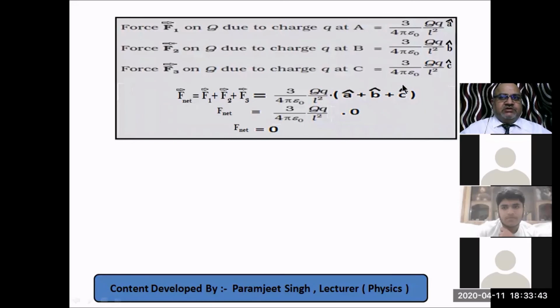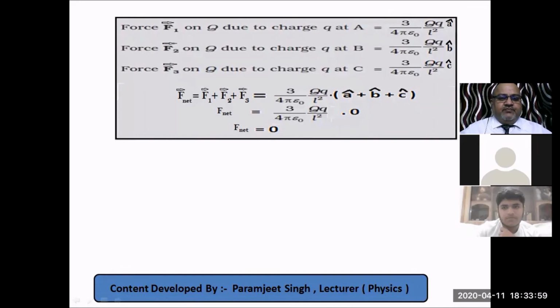Putting in these values, the common factor comes out in a bracket, and A cap plus B cap plus C cap is left. Now A cap plus B cap plus C cap is 0 because these are cyclic vectors. They have a 120 degree angle between them. Such vectors are cyclic vectors, and their sum is always 0. So the net force is 0.